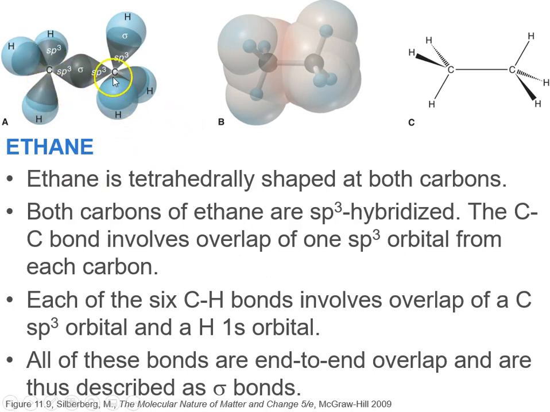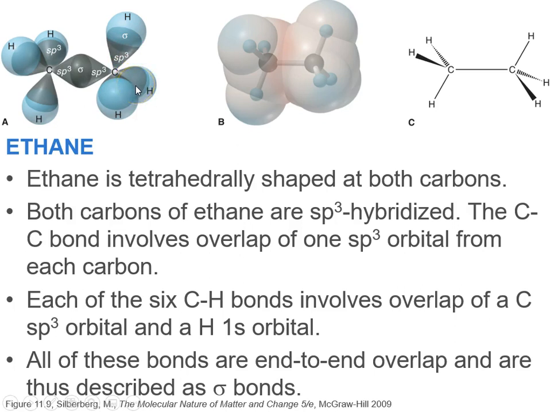Here are 2 carbons, and the 2 carbons each hybridize to form the sp3s, as I showed you for methane. The way ethane forms is that 2 of their sp3 orbitals overlap. Each one contributes an electron, so we have 2 electrons, or 1 bond, between these sp3 orbitals, and that's a sigma bond. For the hydrogens, we also have sigma bonds because each of these sp3 hybrid orbitals overlaps with a 1s orbital of the hydrogen.